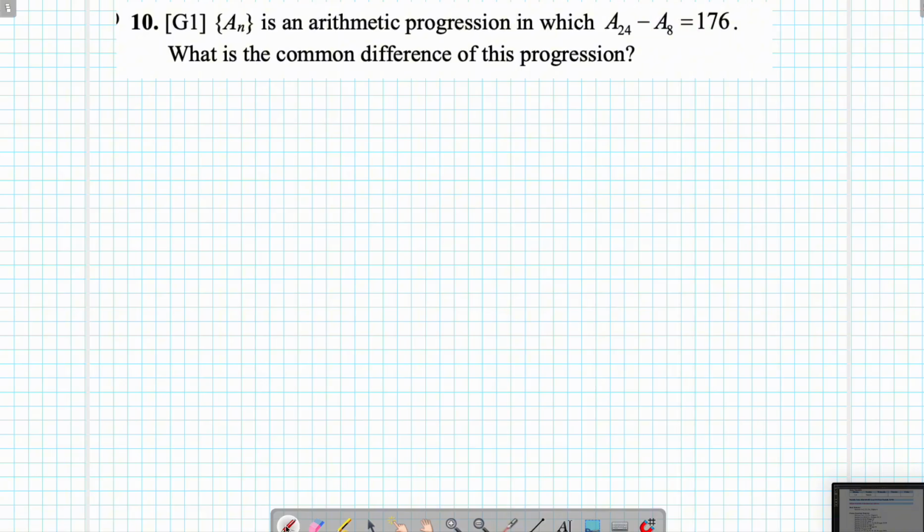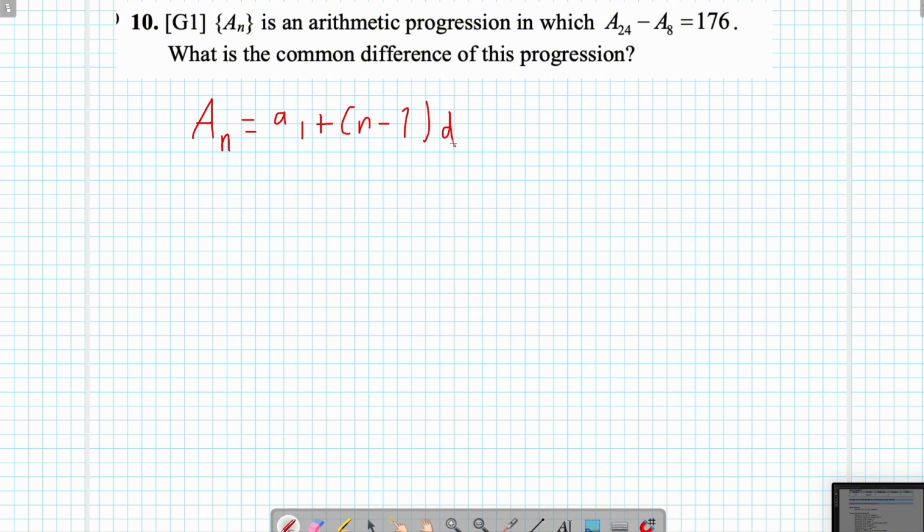I'm going to use my way since I don't really understand my teacher's way, so I'm sorry if this causes any confusion. Let's start with the general rule, AN is equal to A1 plus N minus 1 into D, right?